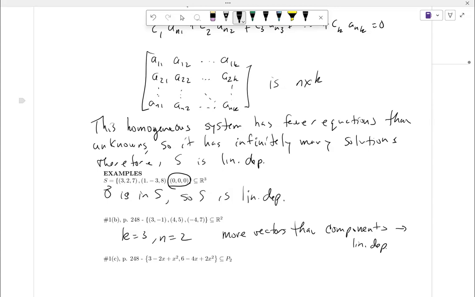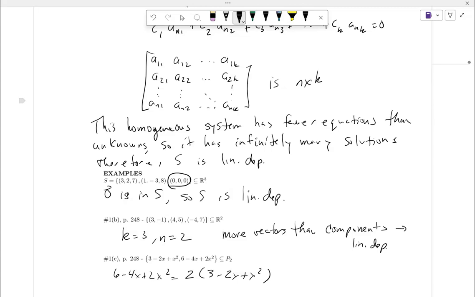The second vector is a multiple of the first. Notice that if I multiply the first one by 2, I get the second one, don't I? So I have one of the vectors as a scalar multiple of the other. Actually, scalar multiples of each other, right? So the 6 minus 4x plus 2x squared is 2 times the 3 minus 2x plus x squared.